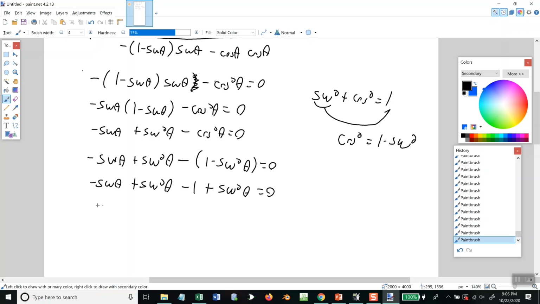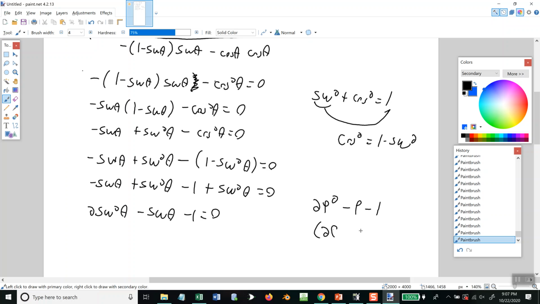Sine squared plus sine squared is 2 sine squared minus sine theta minus 1 equals 0. Now this can factor. This is quadratic. I assume it can factor if I didn't screw up. If you have trouble seeing it, replace the sine theta with p, another variable. So that's like 2p squared minus p minus 1.